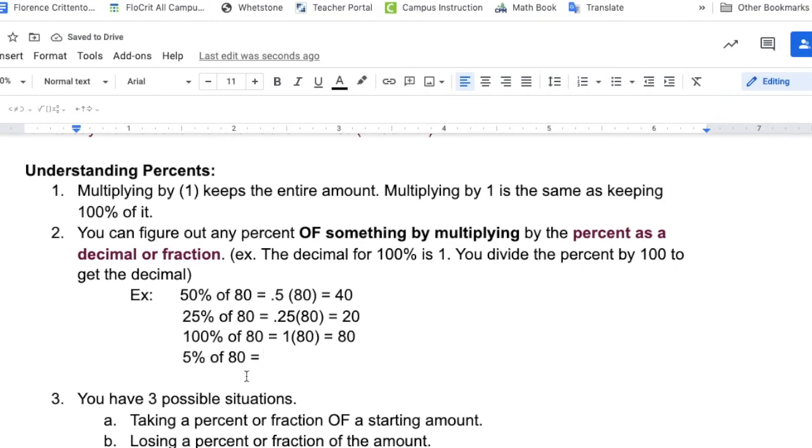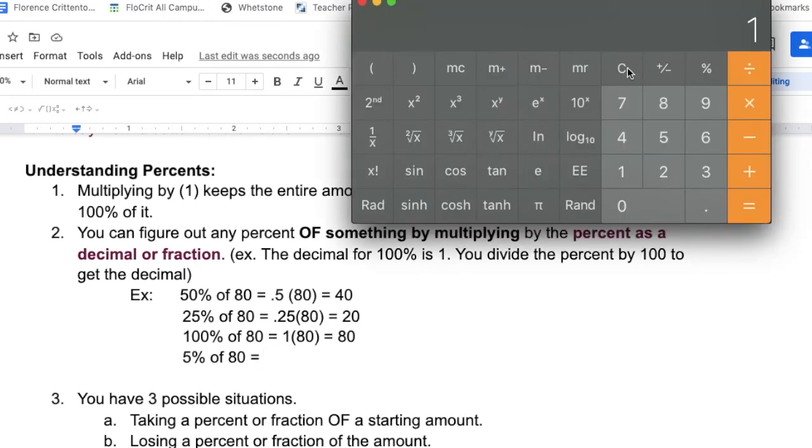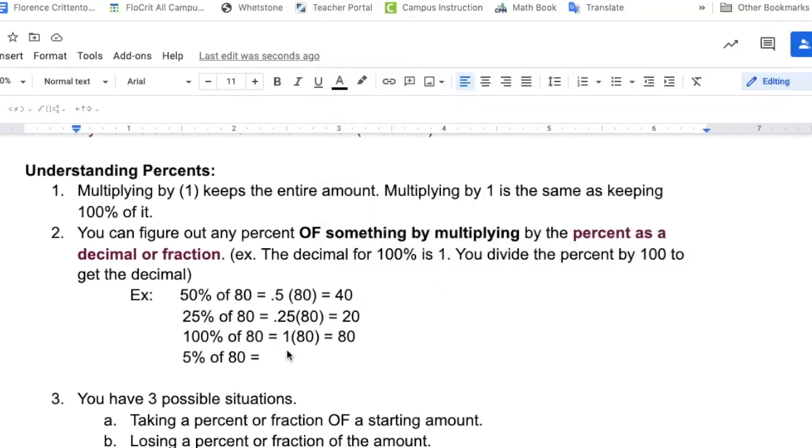If I wanted to do 5% of 80, well, 5 divided by 100 is 0.05. At this point, it's important to note that some people see 0.5 and think it means 5%, and that's not true, because that's 50%.